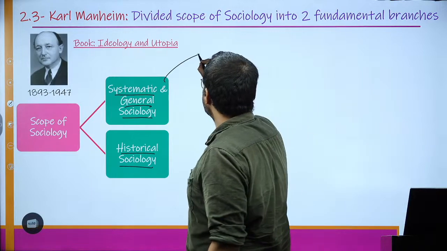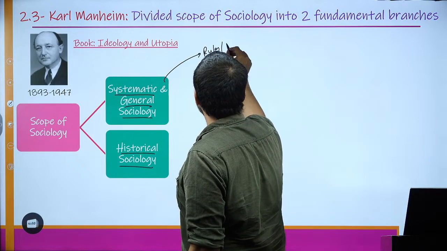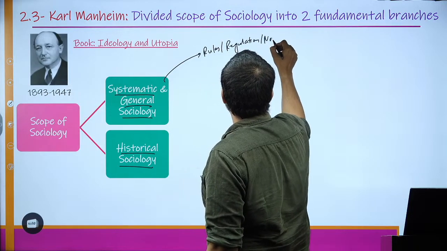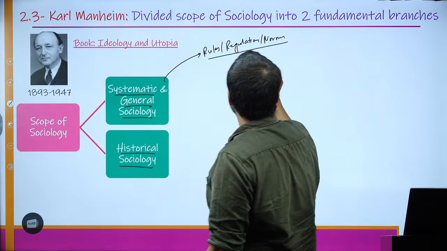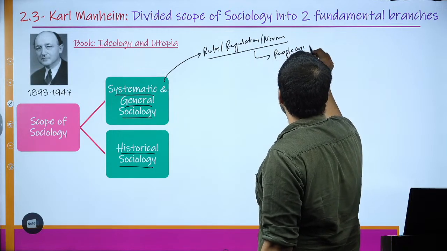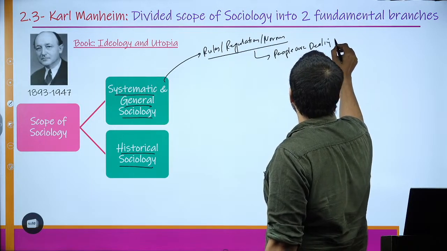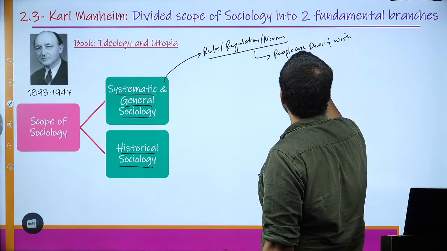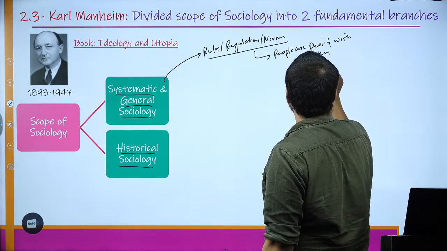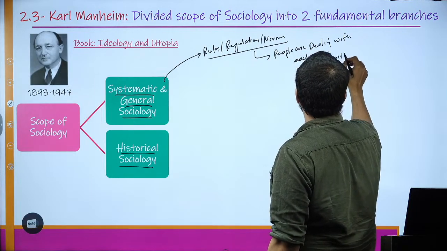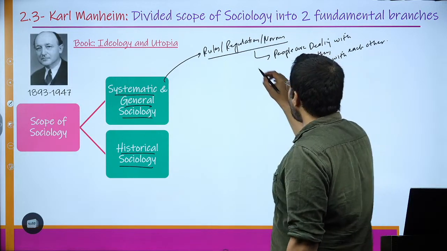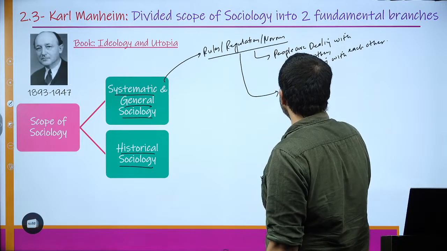So rules, regulations, norms, because of which people are dealing with each other, interacting with each other, and how these rules and regulations led to the formation of society.